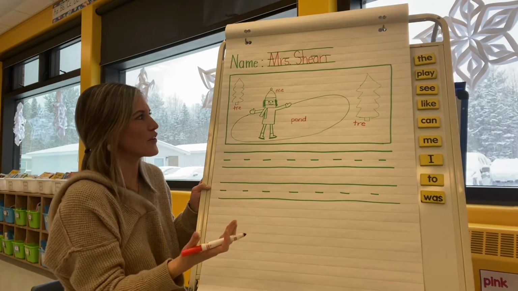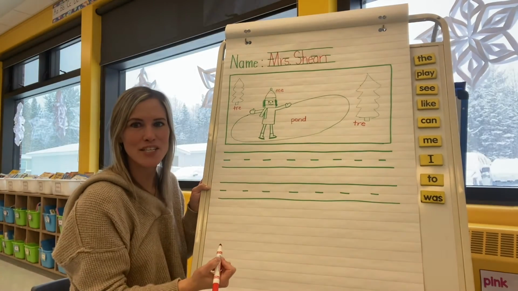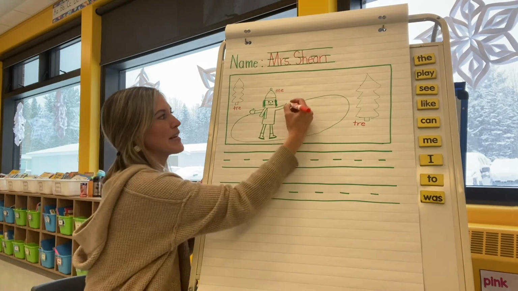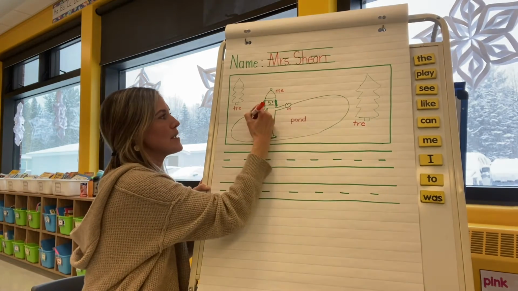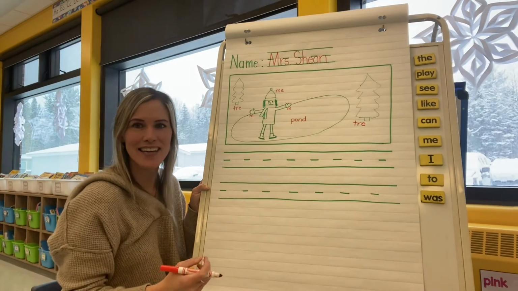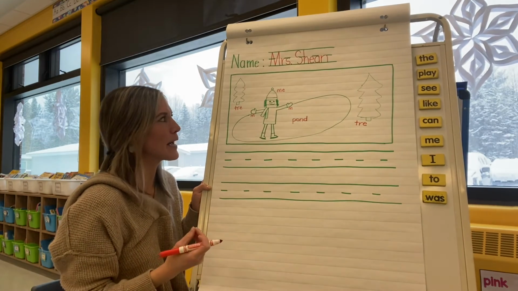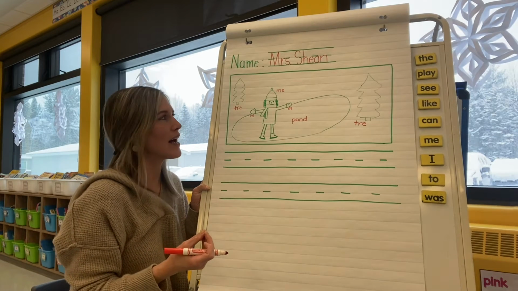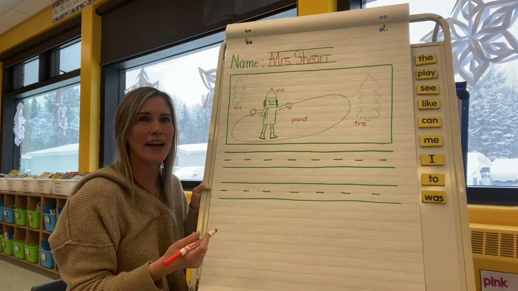Now I could go a step further. I'm wearing mittens, so if I say mittens, I could put an M for my mittens. Hat, I'm wearing a winter hat, I'm bundled up. I want to make sure, with the word hat, that's actually a CVC word, I could stretch that quite easily, so let's try it.